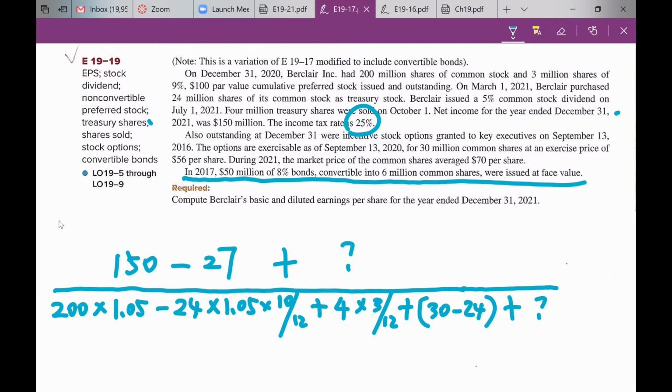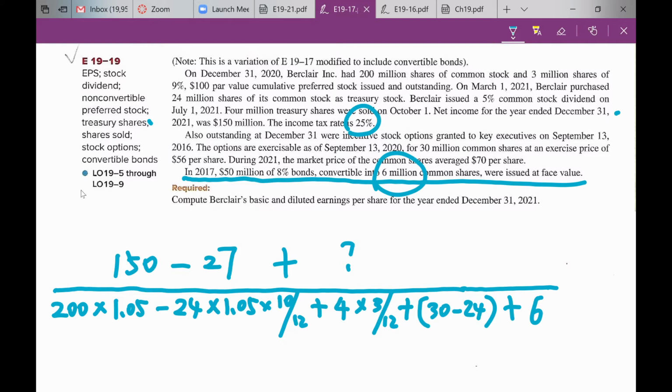So now we add this one. It will only impact diluted earning per share. Okay, so we need to ask what if, right? What if those bonds get converted into stock? If you convert it into stock, they can convert into 6 million common stock, right? So then our total number of shares is going to increase by 6 million.